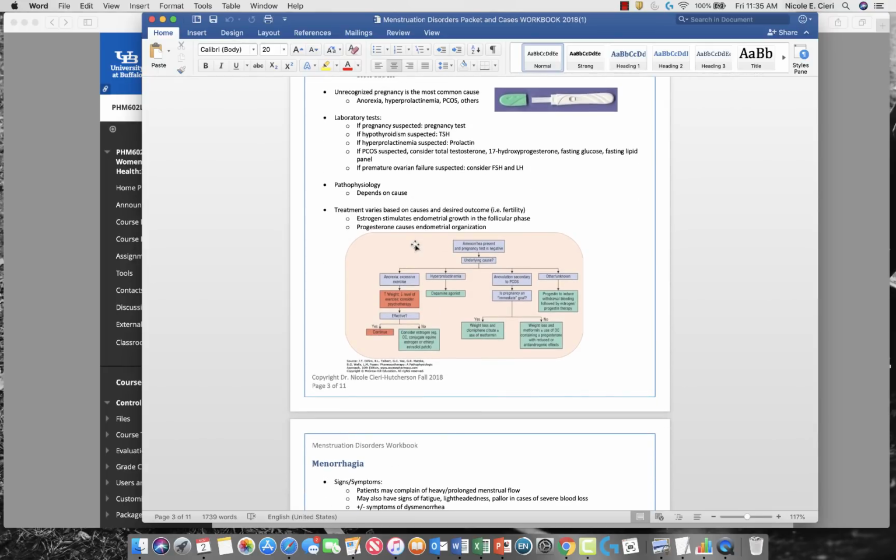So the pathophysiology really depends on the cause, so we won't go into that too in depth, but we'll just focus on the treatment. So if the patient is looking to have menses or looking to have improved fertility because of amenorrhea, then there are a couple different options based on the cause. So based on the cause, you should know what the general drug class is for management.